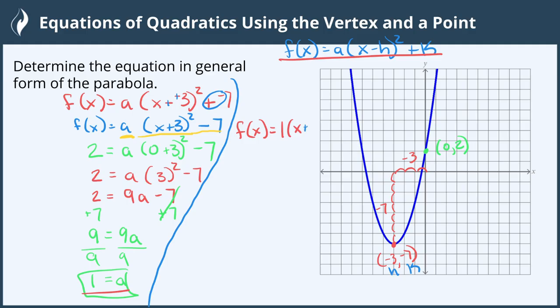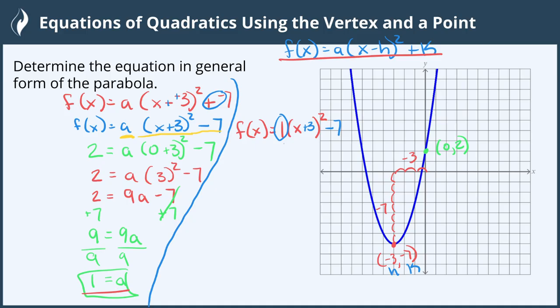So it's going to be plus 3 quantity squared, and then plus k, and k is negative, so it'll be subtract 7. 1 times anything gives us the other value. So 1 times (x plus 3) quantity squared gives us just (x plus 3) quantity squared.